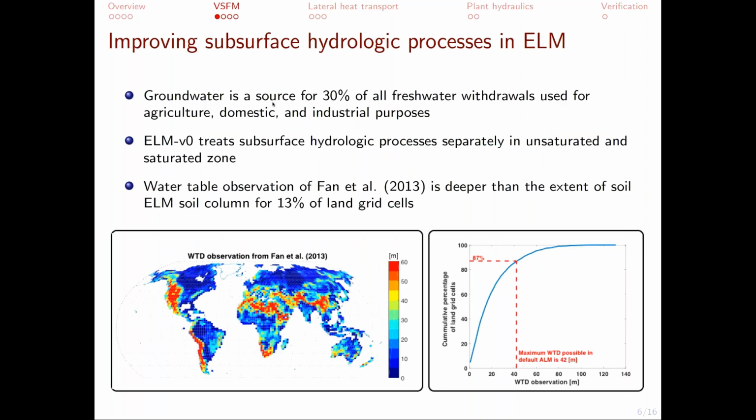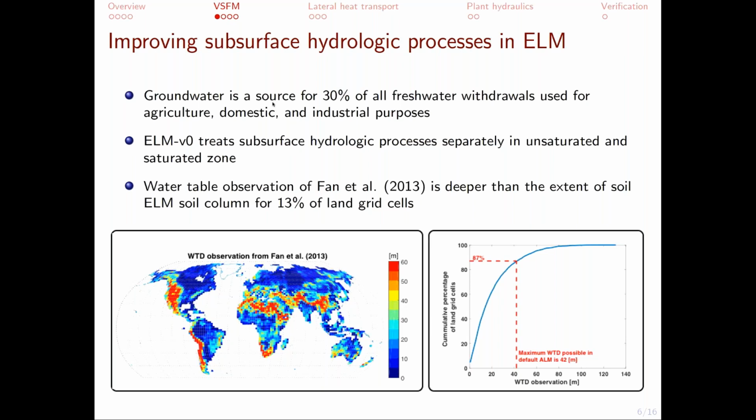So moving on to the first application, groundwater is approximately a 30% source of fresh water withdrawals for agriculture, domestic and industrial purposes. But the ELM version 1 of the model differentiated between the physics of near surface and deeper groundwater table.